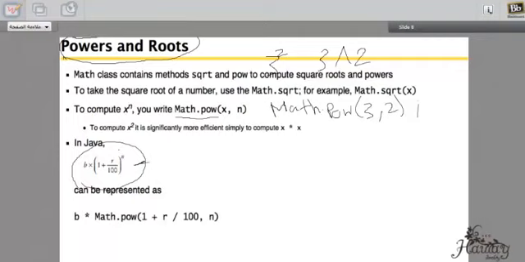So you're going to have to write b star Math.pow, and then the expression inside the bracket has to be in this format. Now, can you tell me what we will do? How will Java solve this expression? What will it do?